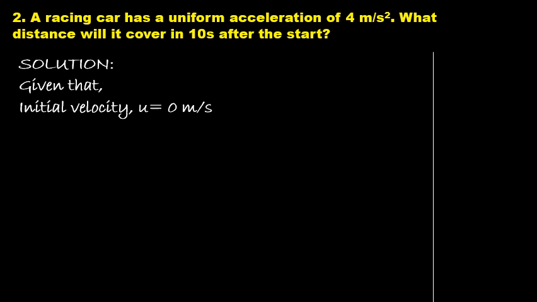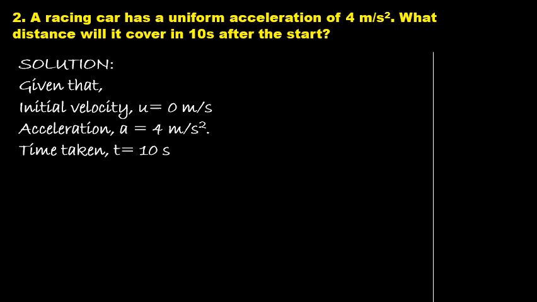So we have been given initial velocity again 0 meter per second, because obviously it will start moving from rest. Acceleration has been given in the question, a is equal to 4 meter per second square, and the time interval given is 10 seconds.